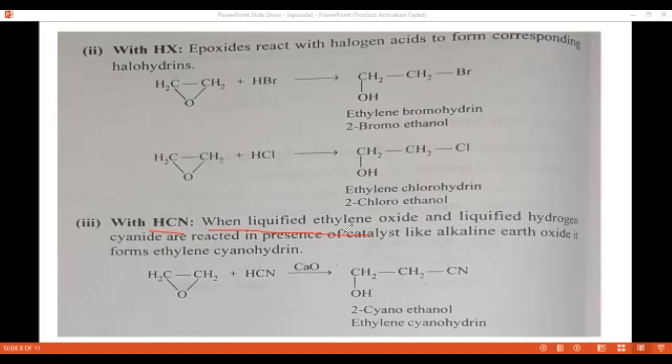When liquefied ethylene oxide and liquefied hydrogen cyanide are reacted in the presence of this catalyst, calcium oxide, then they form ethylene cyanohydrin.